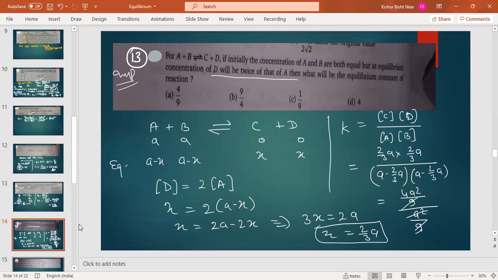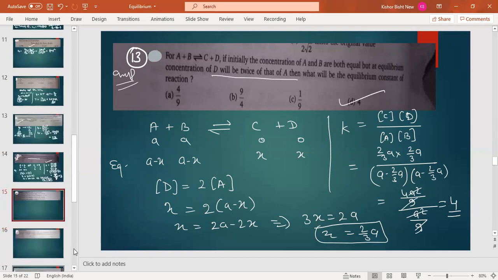So 9 cancels, A square cancels, you will get 4. So the equilibrium constant is 4. Come to the next.